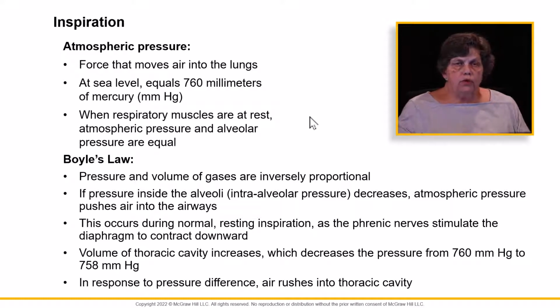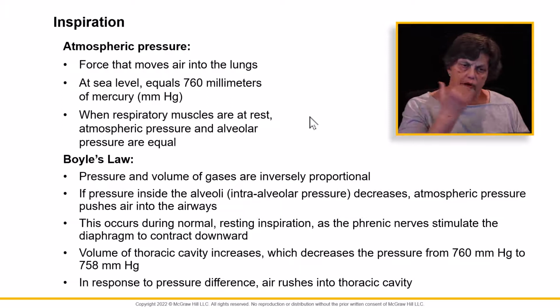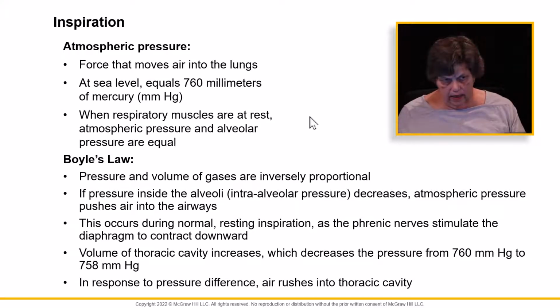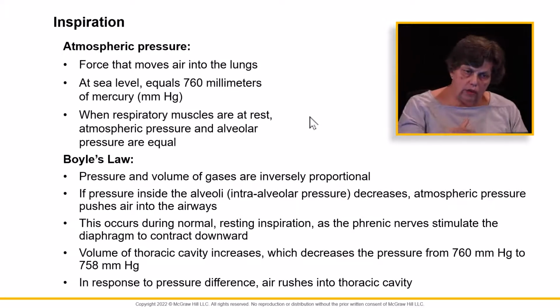But the respiratory muscles are at rest, and the atmospheric pressure and the pressure in the lungs are the same, okay? And that's an important thing, because what we have to do is create a vacuum, if you will, to get the air to flow into the lungs, all right?